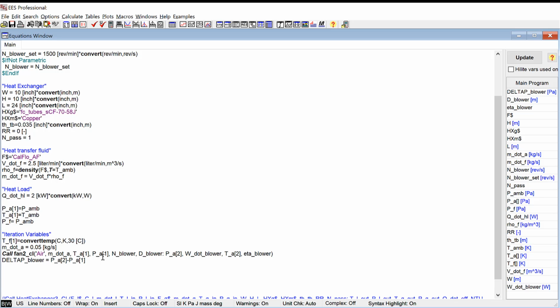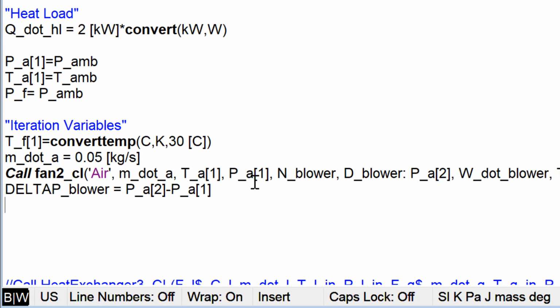And then let's see. Next thing I'm going to do is simulate the heat exchanger. So if I'm going to simulate the heat exchanger, I've got to know the conditions of the fluid going into the heat exchanger. So the first thing I'm going to do is figure out the conditions of the fluid coming out of the heat load. So let's calculate the enthalpy of the fluid entering the heat load. So what would this be?